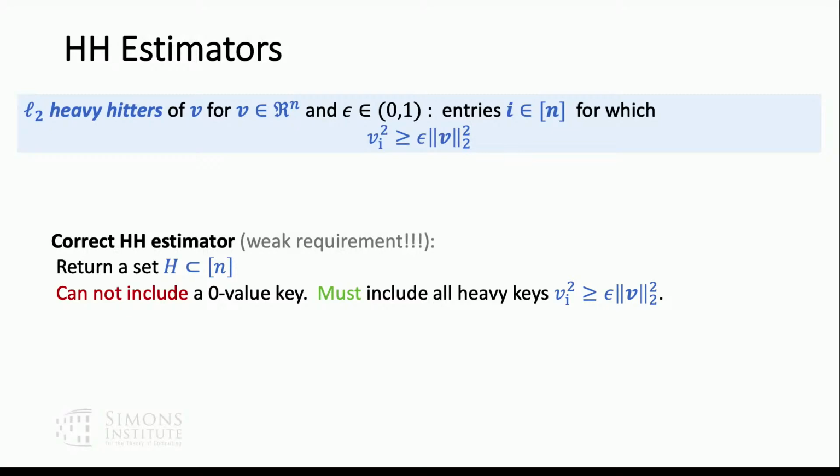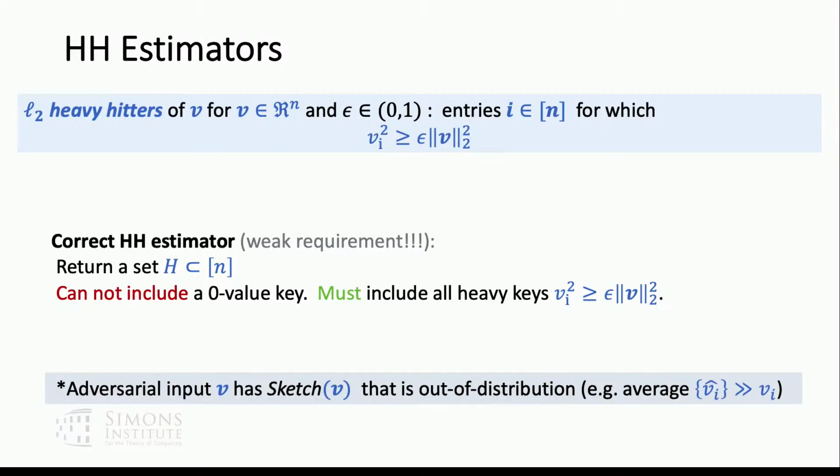The rest we don't care about, and we still call it correct. Any estimator that takes a count sketch and returns something like that, even a different estimator each time, we can still attack, meaning we can produce a bad input after a number of queries that is quadratic in the sketch size.